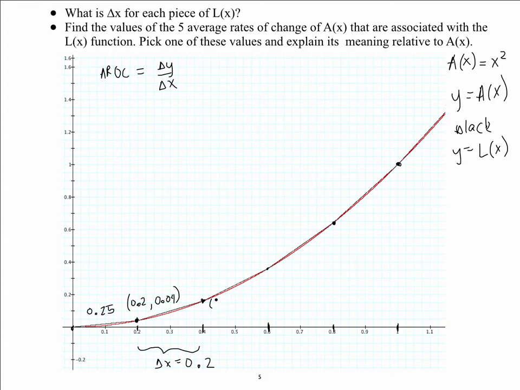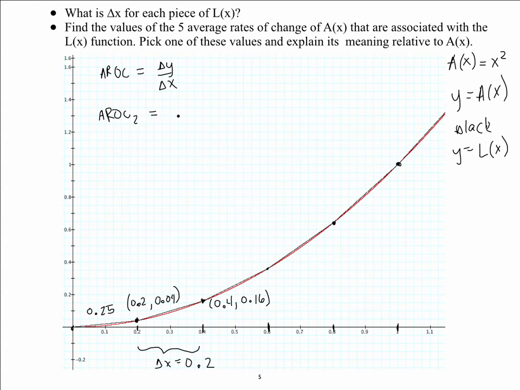So then at 0.4, what is the corresponding area? 0.16, right? So then if I wanted to compute the average rate of change for this second interval, okay, so we'll call this the average rate of change over interval 2, okay?